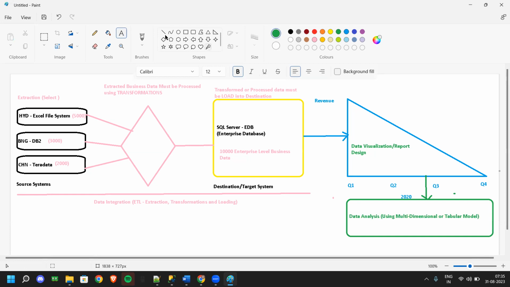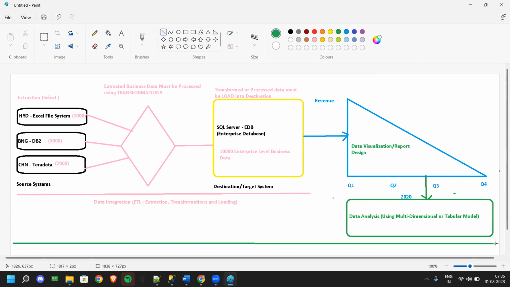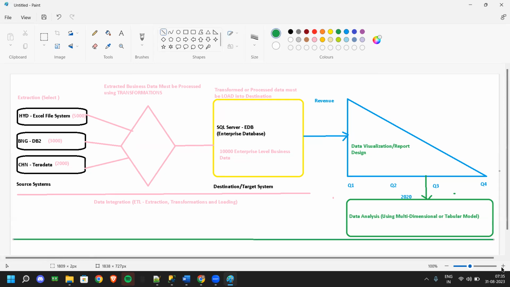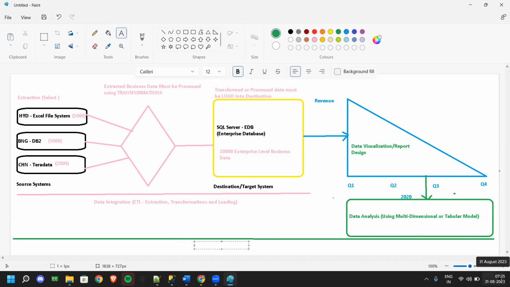So totally, we call it the MSBI architecture. This is our BI architecture. Totally, we call it the business intelligence architecture diagram.